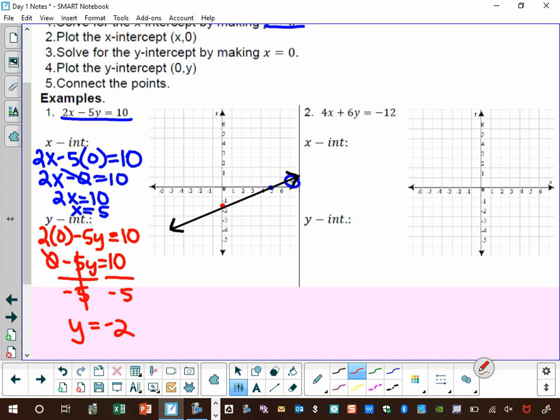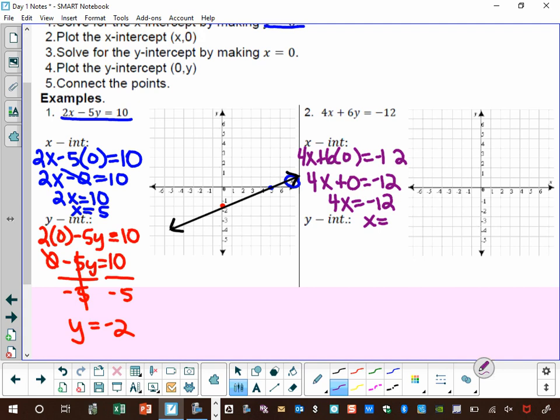All right, number 2. Same thing. I'm going to plug in for my x-intercept. I'm plugging in 0 for y. So I'm left with 4x plus 0 is equal to negative 12. If I have 4x is equal to negative 12, what is my x going to equal?